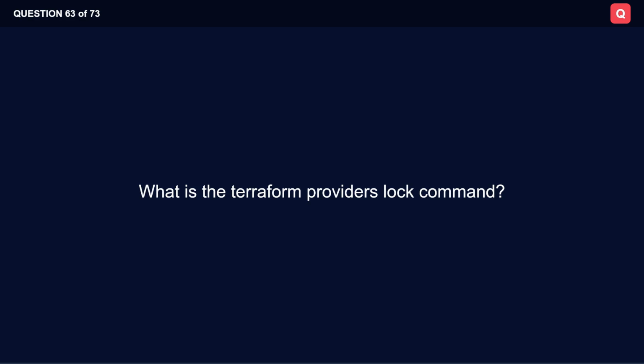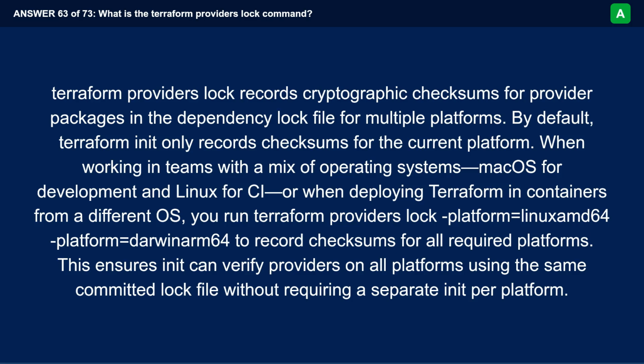What is the terraform providers lock command? terraform providers lock records cryptographic checksums for provider packages in the dependency lock file for multiple platforms. By default, terraform init only records checksums for the current platform.